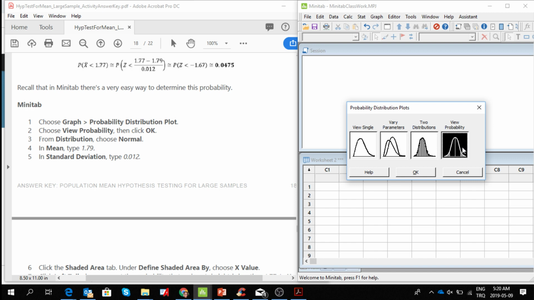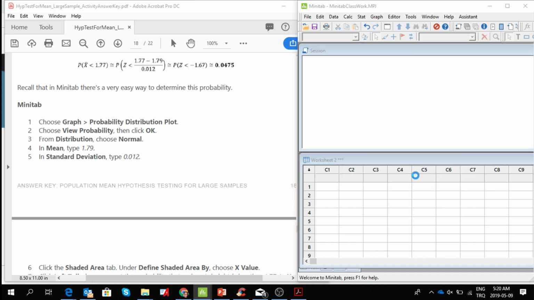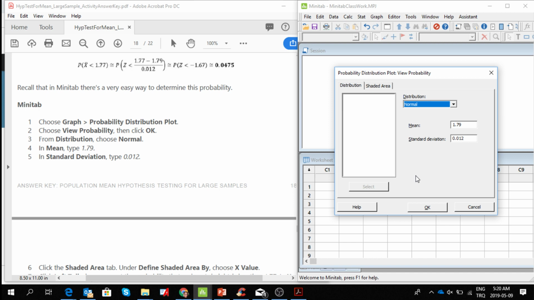So we choose view probability and click OK, and then for the distribution we are gonna choose normal, because we know X bar is normal, and then the mean is 1.79 and the standard deviation is 0.012.